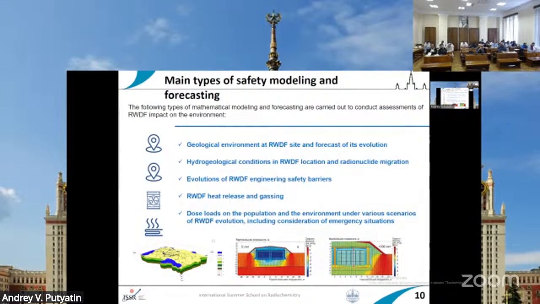And of course, the final numbers that are important for safety assessment are the estimation of the dose rates in the biosphere for the population near this facility after a proposed period of time.